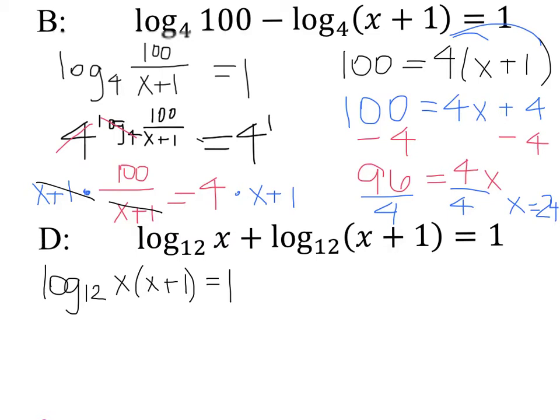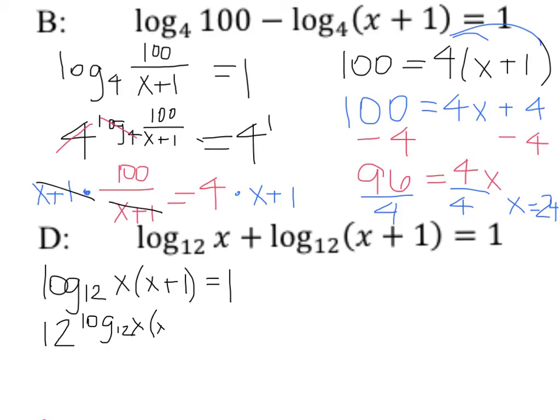If they have the same base, you can multiply those big numbers to make them one piece. Since this is a base of 12, that's what we need to use as our base to get things to cancel out. So we're going to put 12, and then the log base 12 of x times x plus 1.